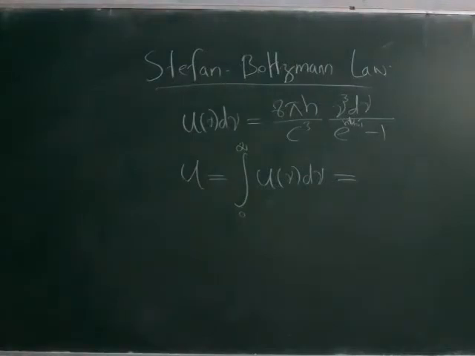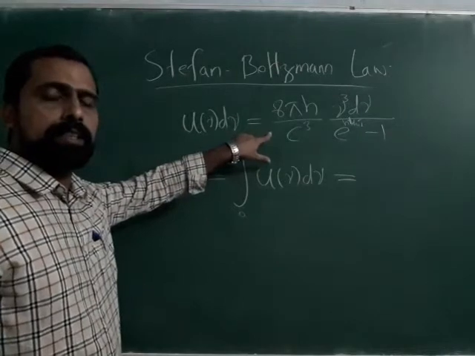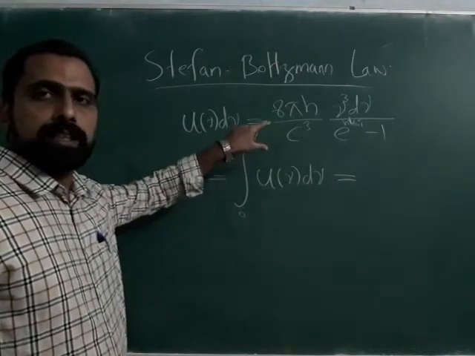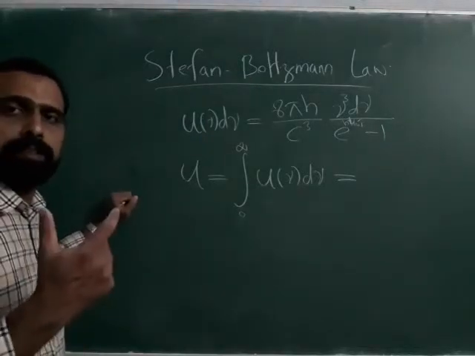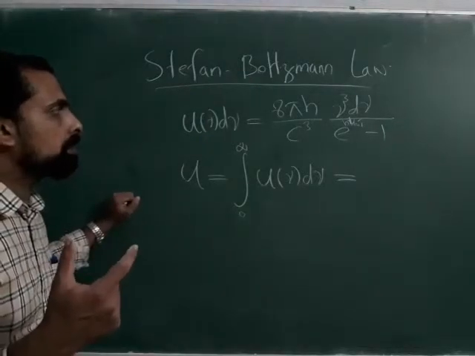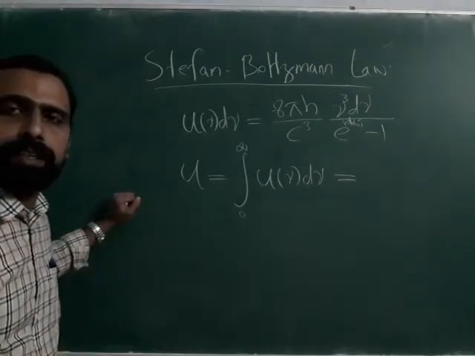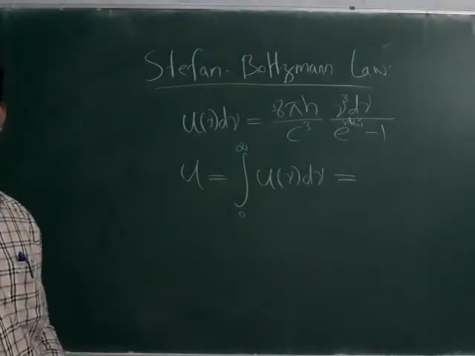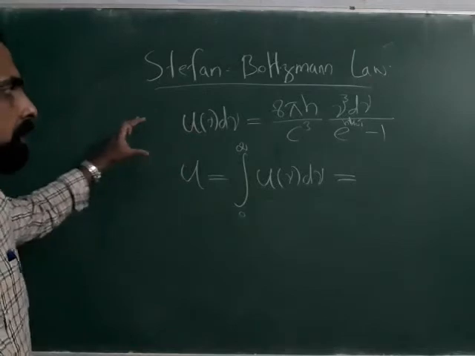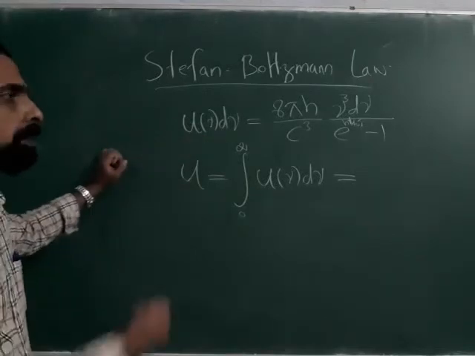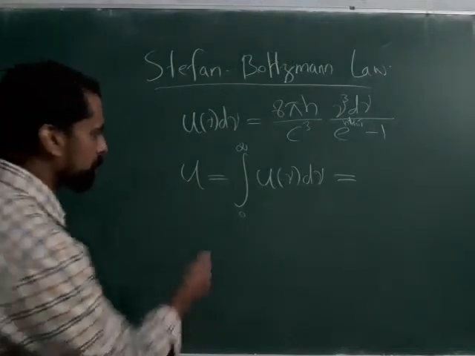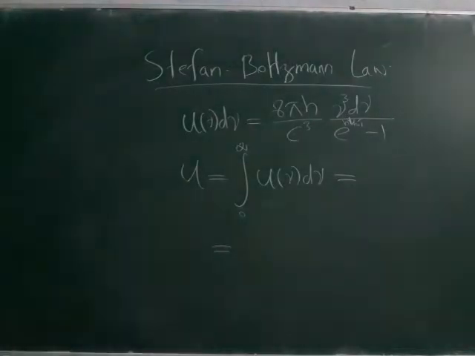So this is the expression, and if you take the integration of this, it is a special integral, and this special integral has a special formula. So we will make use of it. We are not going to do it completely. We will just take the result.